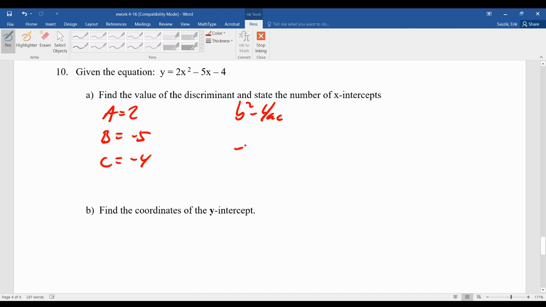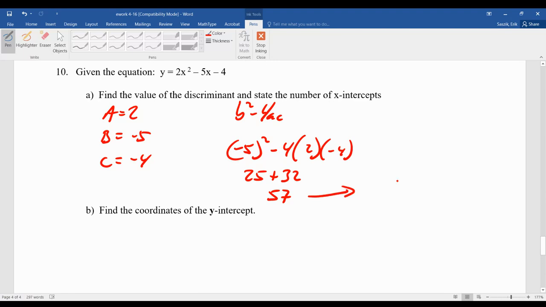So that's going to be negative 5 squared minus 4 times 2 times negative 4. What does that come out to? 25. Negative times a negative is positive. That's 32. So that's going to give us 57. Remember, that's positive, so that means there are 2 solutions. So we should expect 2 solutions.